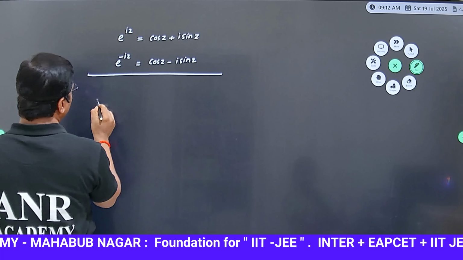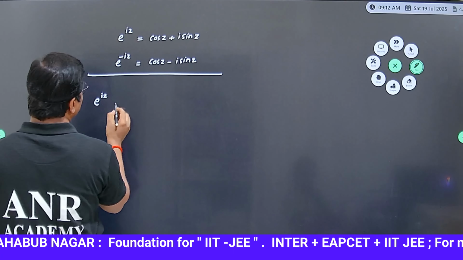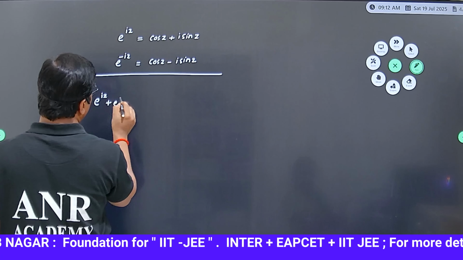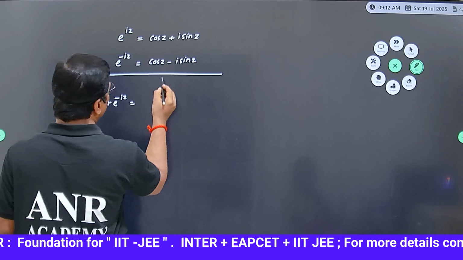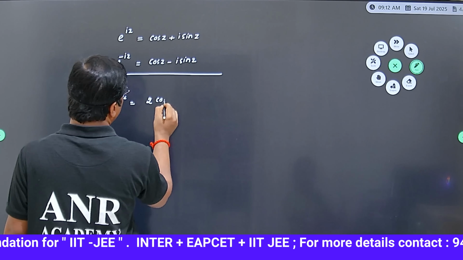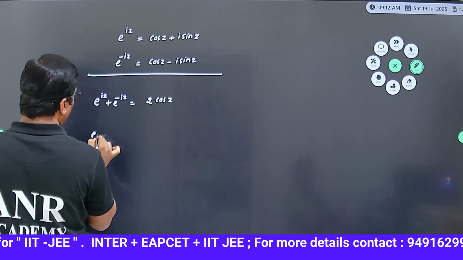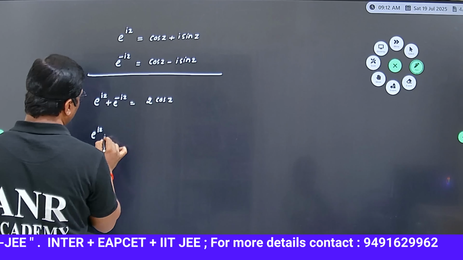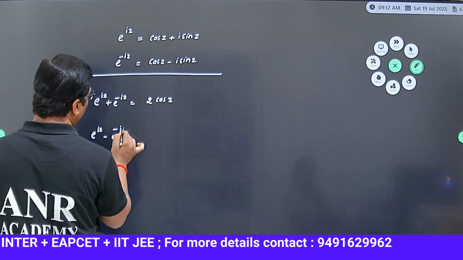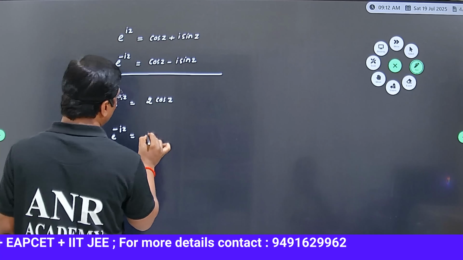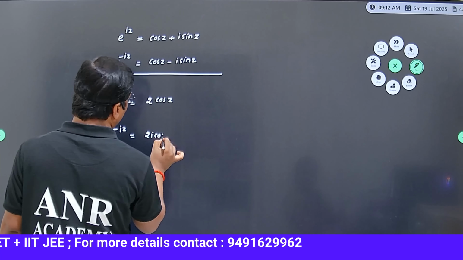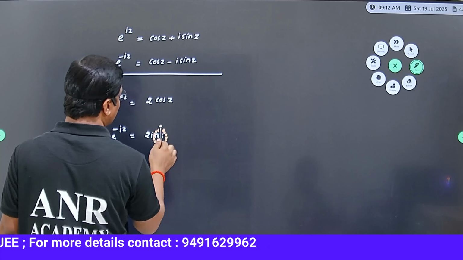Adding these two, e power iz plus e power minus iz becomes 2 cos z. On subtracting the two, e power iz minus e power minus iz becomes 2i sin z.